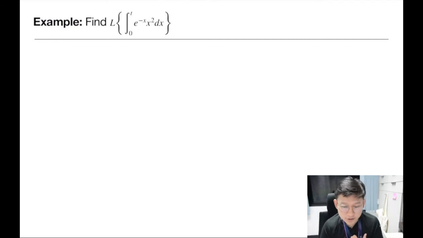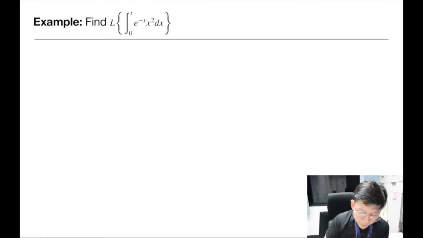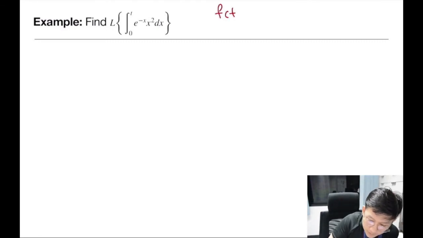Okay, guys, how do we do the Laplace transform of this? If you look at it closely, you can let f(t) be e to the minus t squared, and you let g(t) be 1.